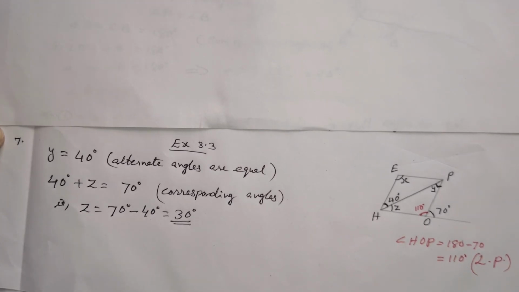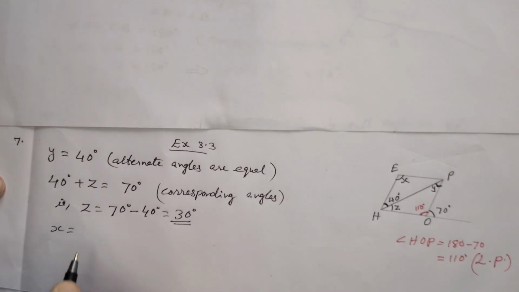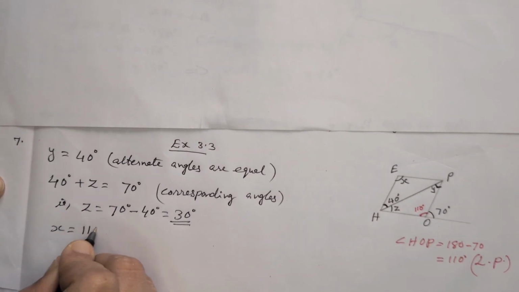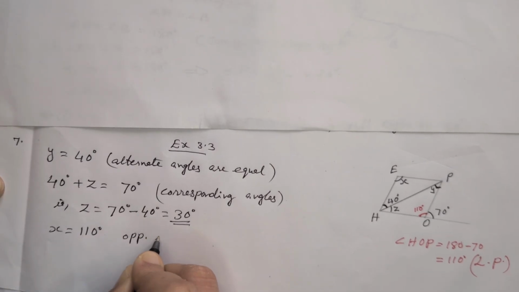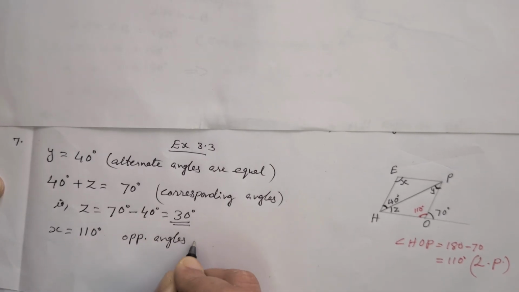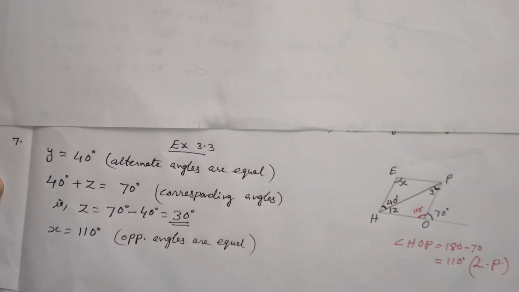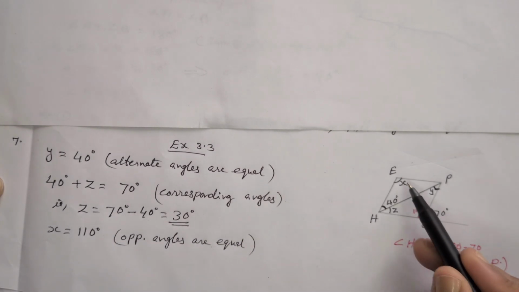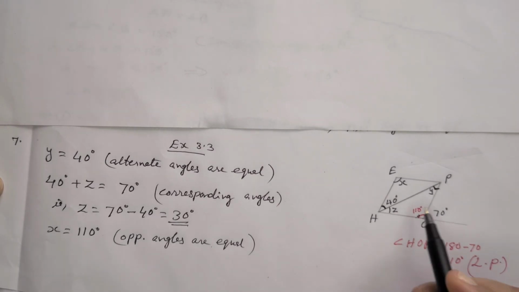So if this angle is 110, then directly we can write x is equal to 110, because opposite angles are equal. So x is equal to 110. This 110 we are getting from the linear pair. 70 plus 110 is equal to 180, or 180 minus 70 is equal to 110.